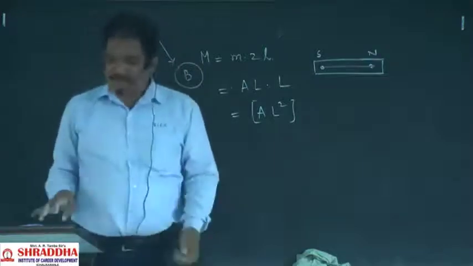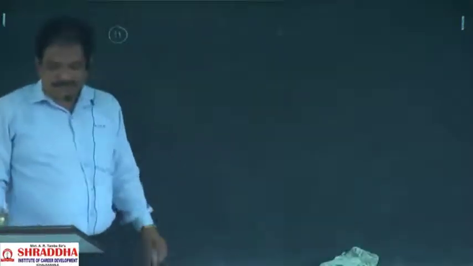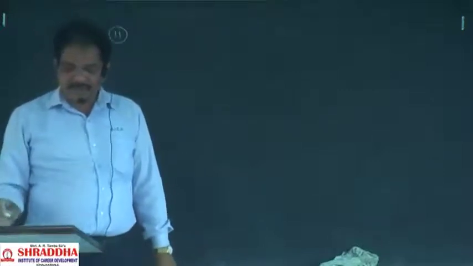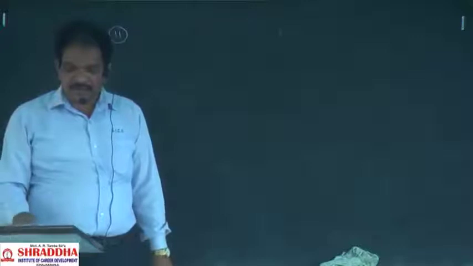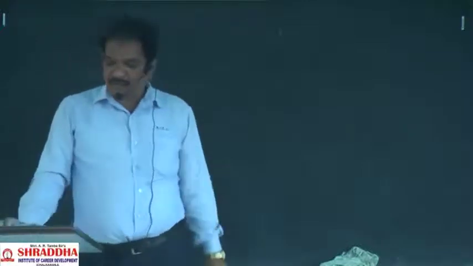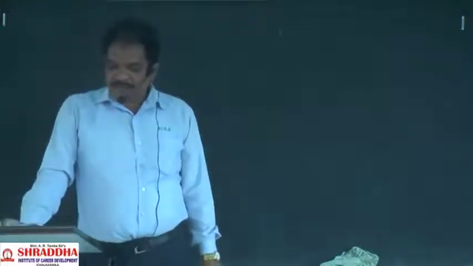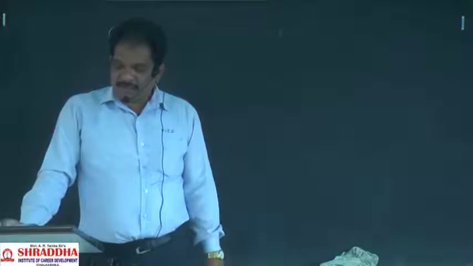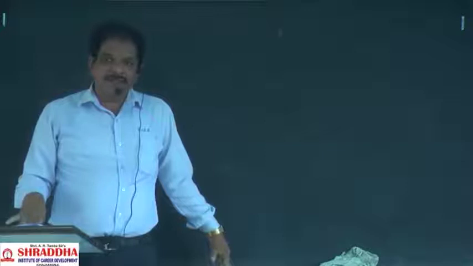Next, 11th. Dimensions of resistance in an electric circuit in terms of mass, length, time that is capital T, and the electric current I would be. Okay. So express the dimensions of resistance. What is meant by resistance?